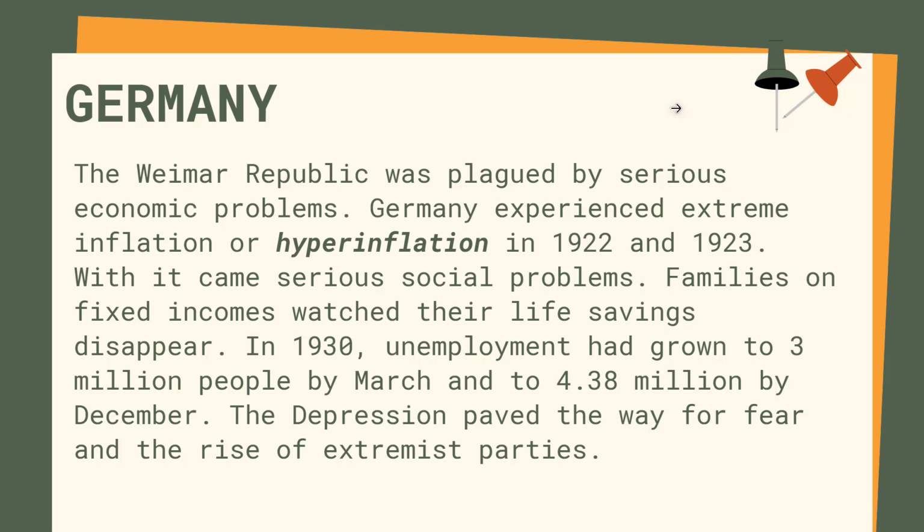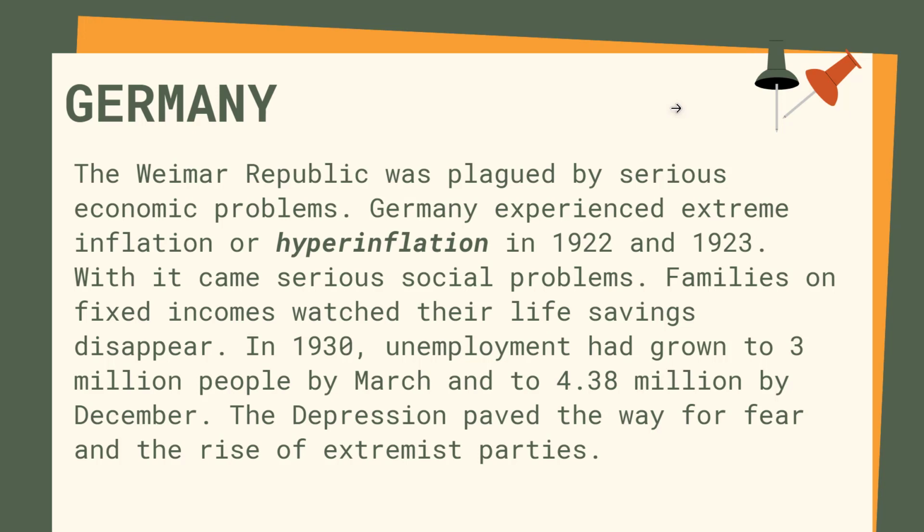So there was inflation, but extreme inflation, or hyperinflation, right? To the point where, as we mentioned, the German marks were literally just worthless. Families that were on fixed incomes, especially those of the working class, saw their life savings disappear.